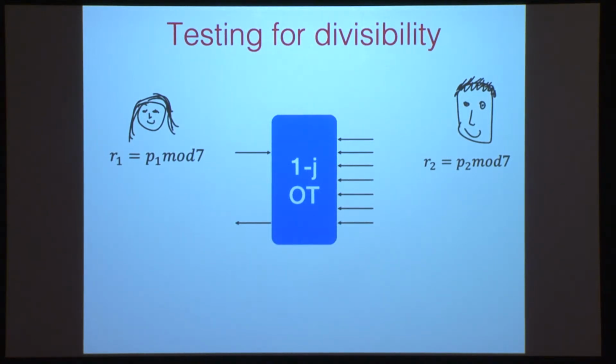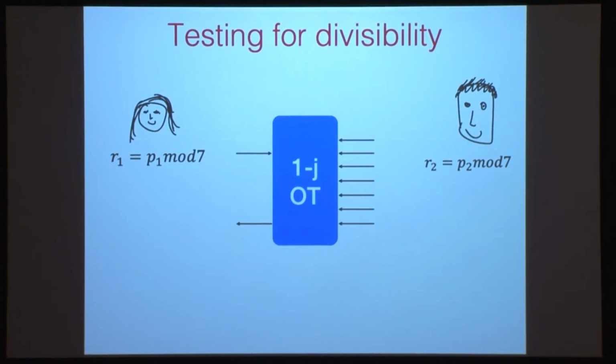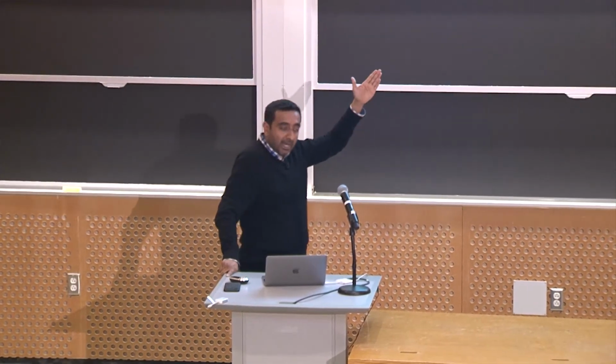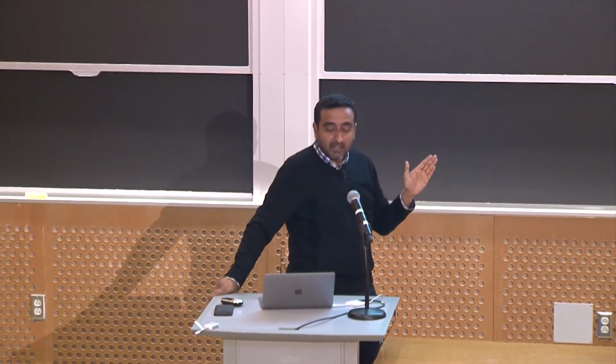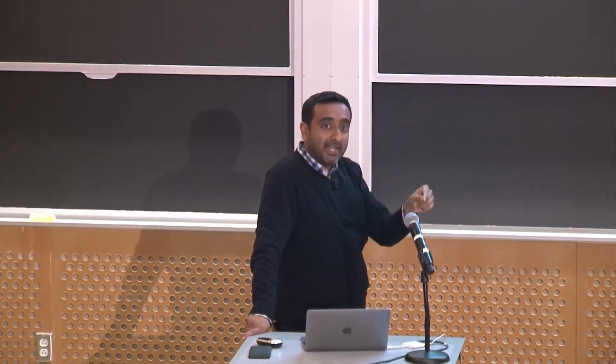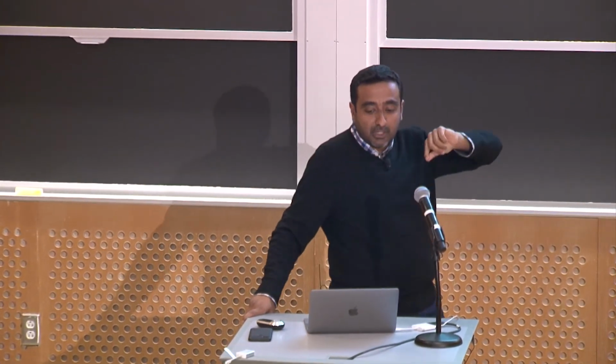Now, if p1 plus p2 was divisible by 7, it's 0 mod 7, which means if this side was holding r1, the other side is holding minus r1. Okay? So what will they do? After you do the oblivious transfer, the right-hand side is going to take minus r2 and give m of minus r2 to the other party.